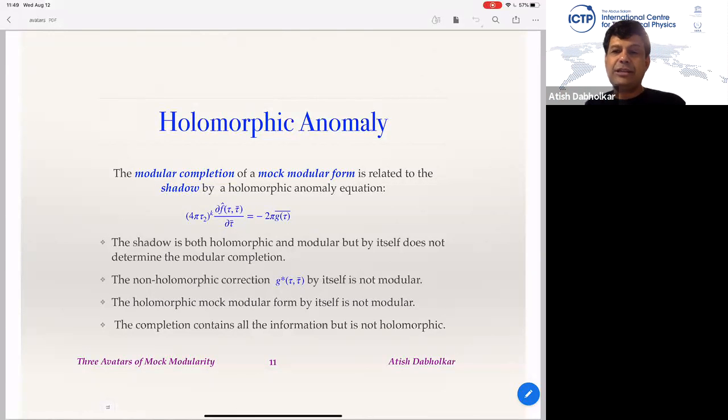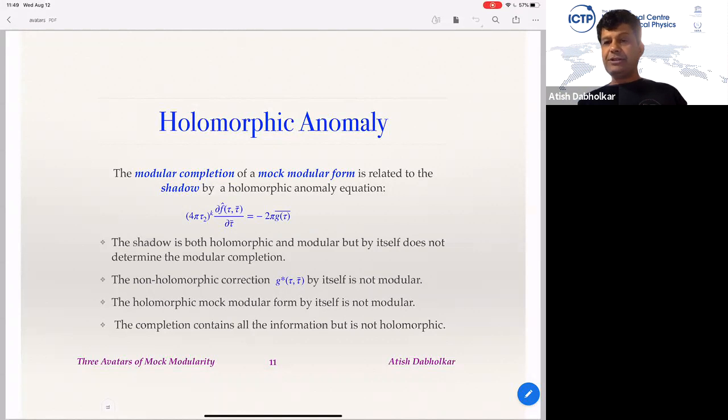And if you try to regularize the theory preserving the gauge symmetry, then you can no longer preserve the classical U1 symmetry. So you can sort of think of it as a holomorphic anomaly, although the flavor is a bit different. I don't want to make this analogy too precise, but the modular completion of a mock modular form is related to the shadow.